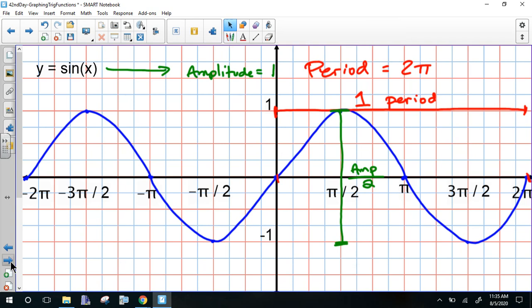It has no sign, it's a measure of a distance. So those are the two most important numbers we can get out of a sine or cosine or tangent function.